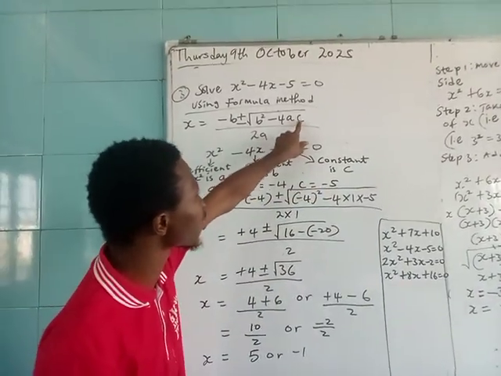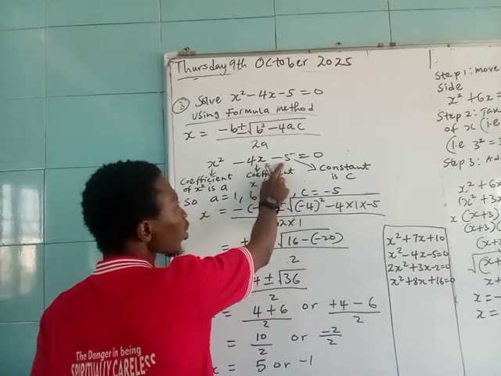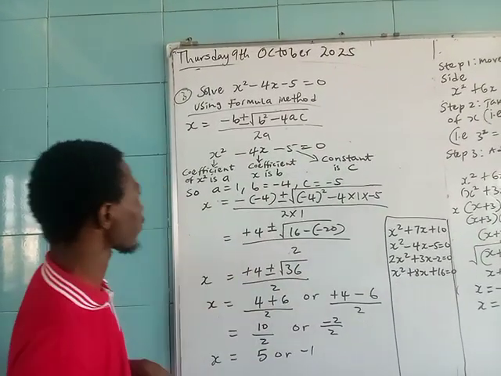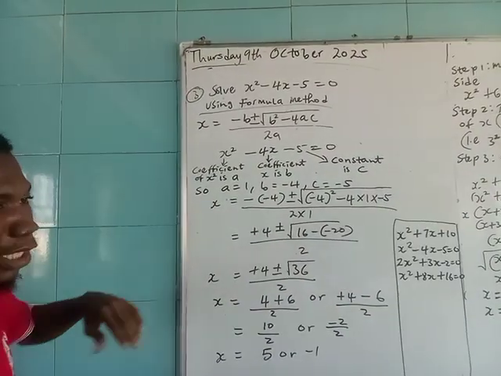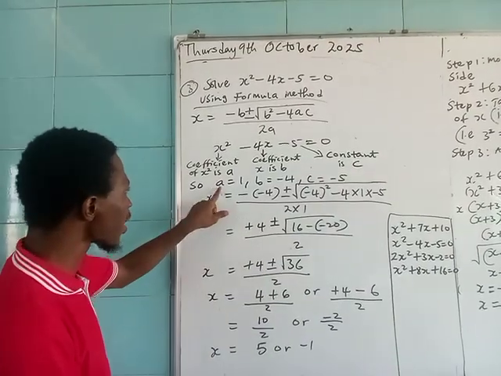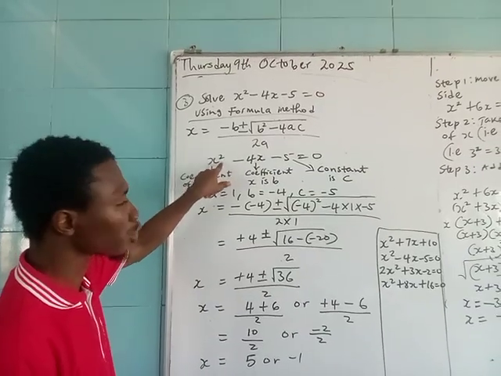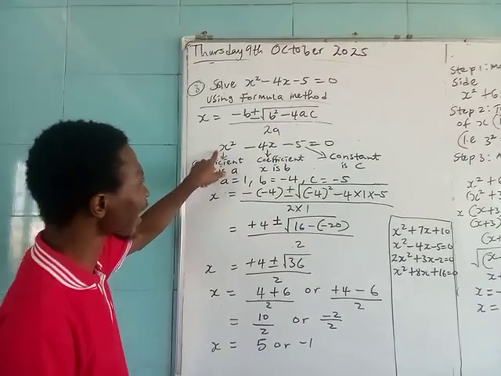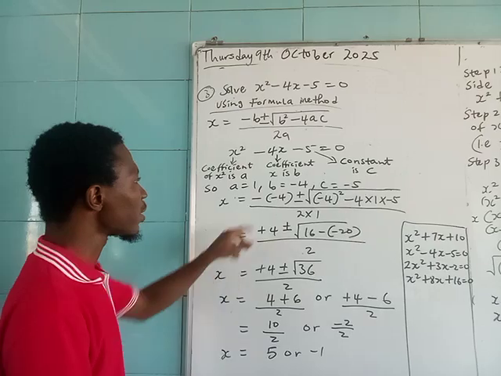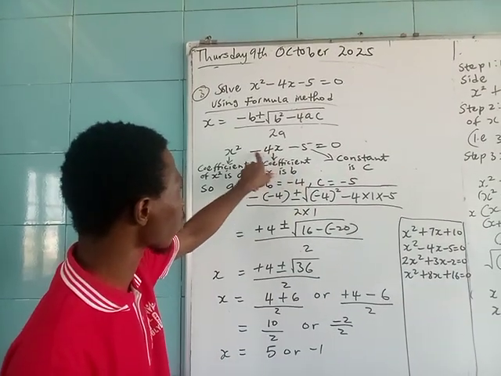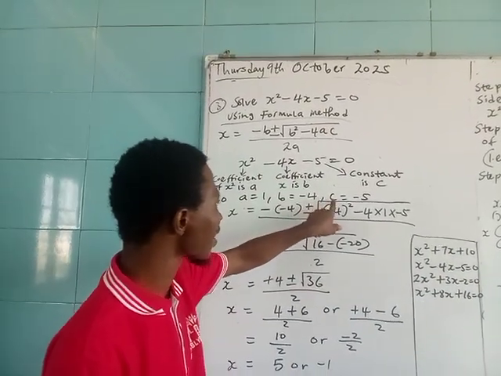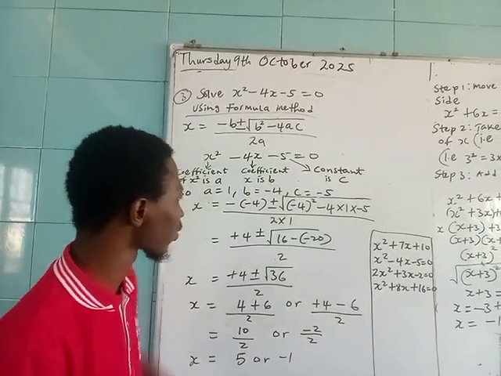Then c, which is the constant, is what we have here, which is minus 5. So I'm going to plug them into the formula. So a is equal to 1, because x squared is on its own, there is no number here, so the coefficient is 1. Then b is equal to minus 4, that is the coefficient. Then c is minus 5, that's the constant.